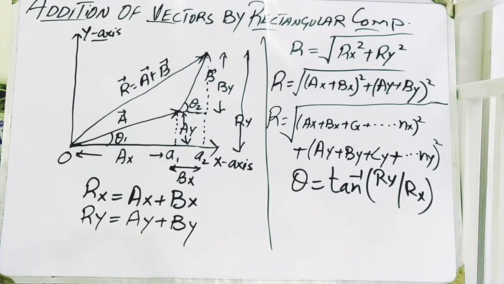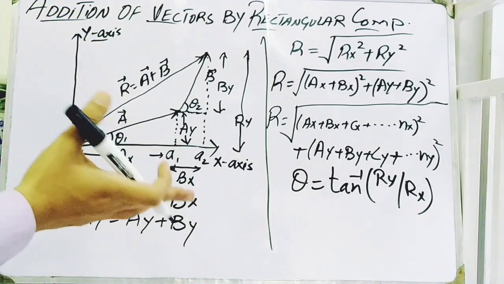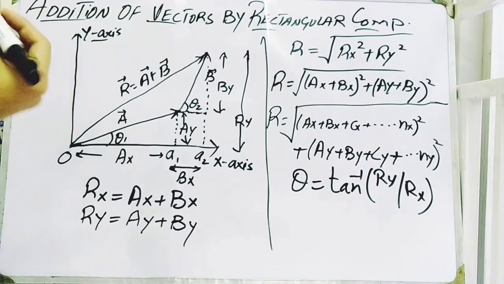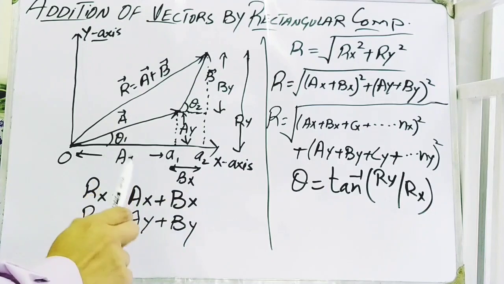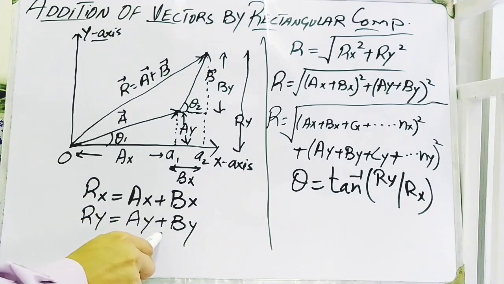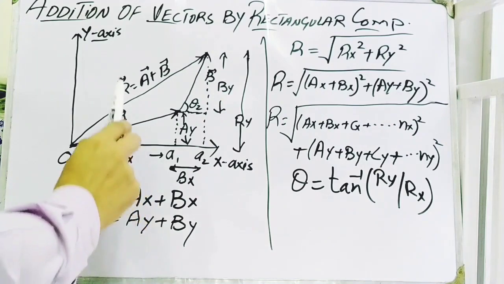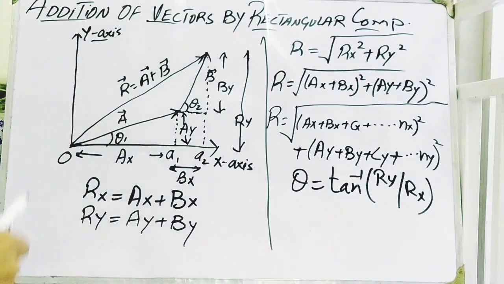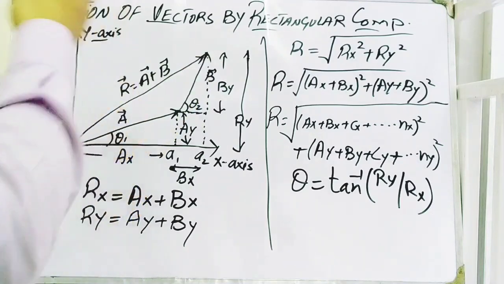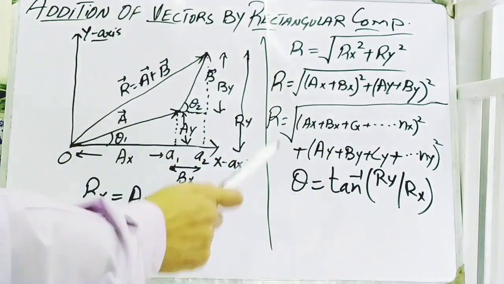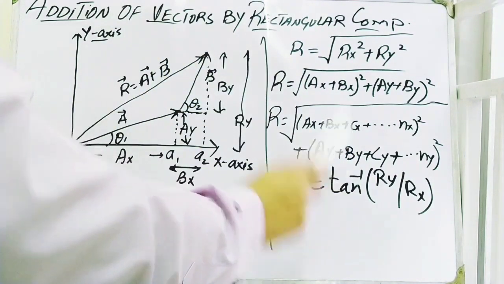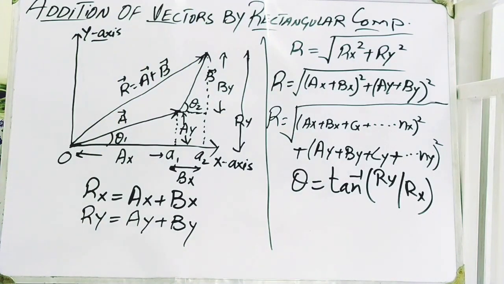So the steps for this method can be revised in this scenario: we have to draw the individual vectors being summed and find the x and y components, Rx and Ry, which are called the rectangular components of the resultant vector R. Find the magnitude of the resultant vector by using this formula, and at last find the direction of the resultant vector, which is called theta, and theta can be determined by the quadrant rule, which covers the first quadrant, second quadrant and third quadrant.